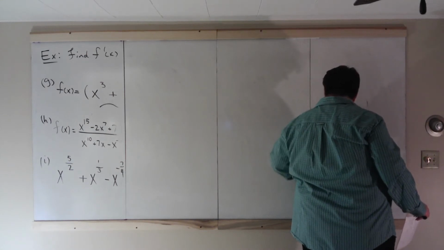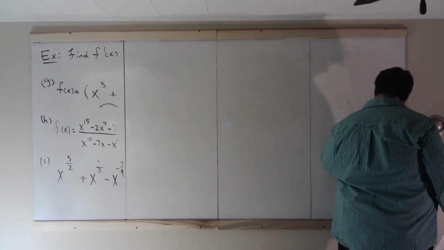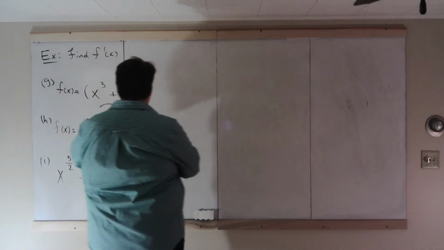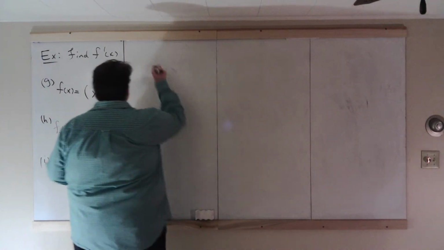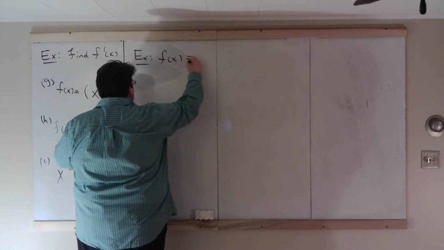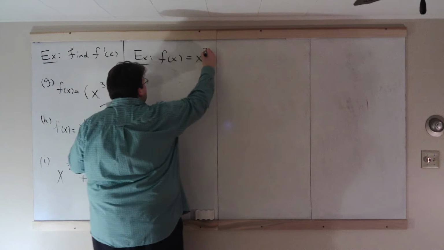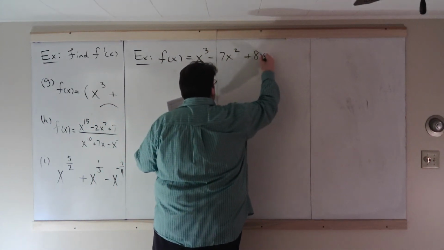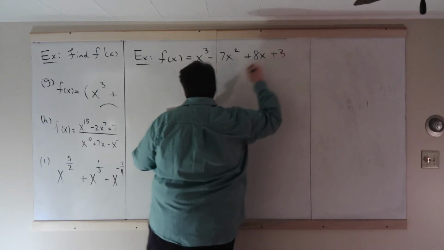So we're going to have an example with 2 parts, an application. Example. Let f of x equal x cubed minus 7x squared plus 8x plus 3.